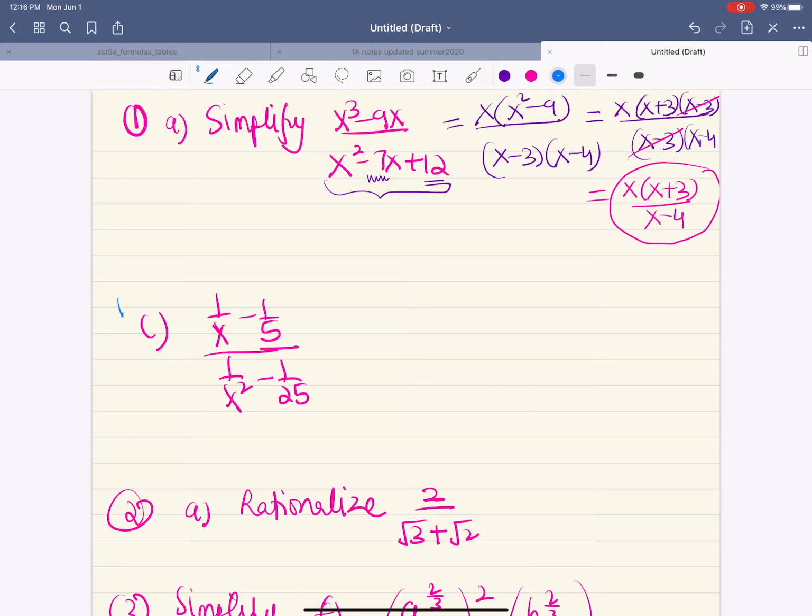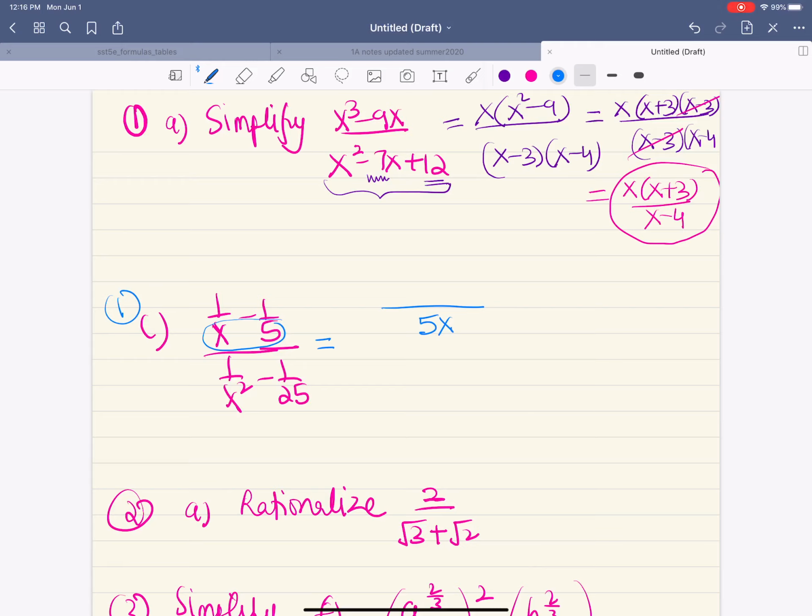Next, I have number 1, part C. We have 1 over x minus 1 over 5 on the bottom, with a common denominator. This is a complex fraction because we have a fraction in the numerator and a fraction in the denominator.